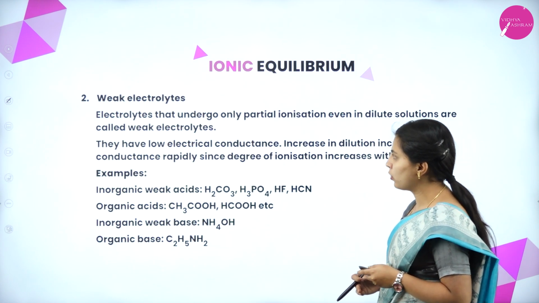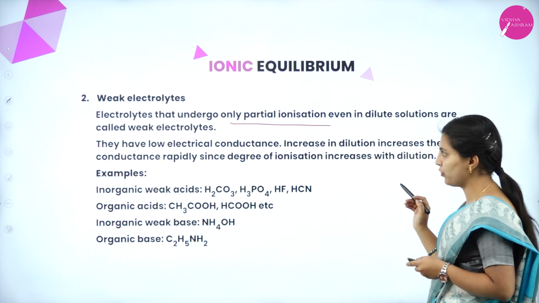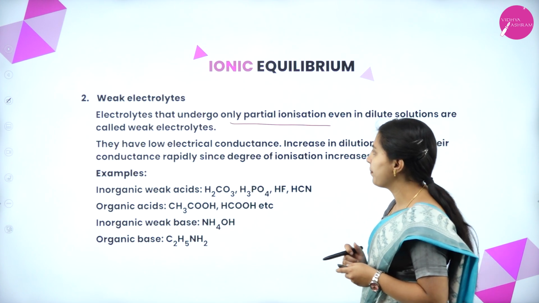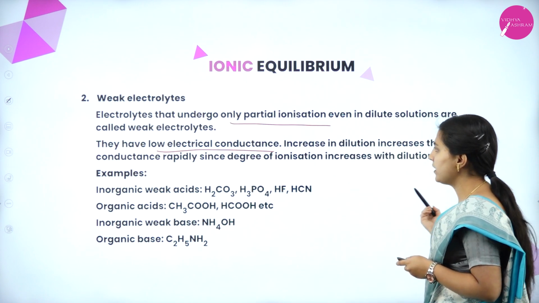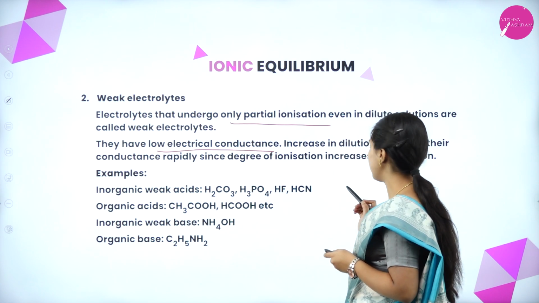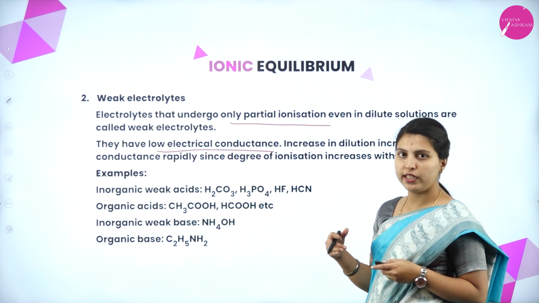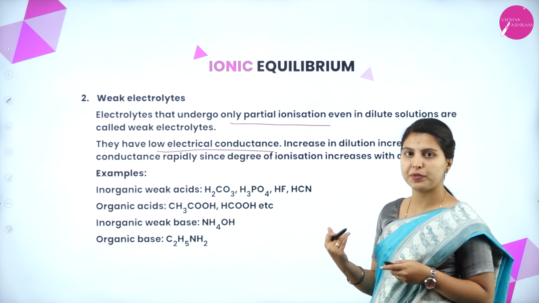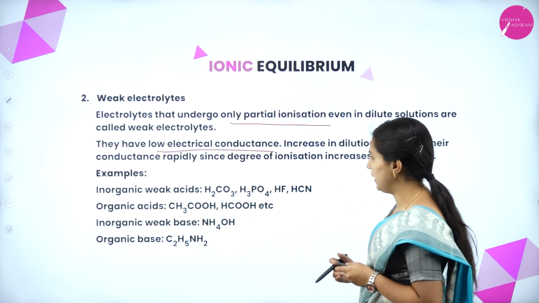Next we will see weak electrolytes. Electrolytes that undergo only partial ionization even in dilute solutions are called weak electrolytes. They have low electrical conductance, which increases rapidly on dilution, since the degree of ionization increases with dilution. Whenever the dilution of the solution keeps increasing, the conductance will also increase.